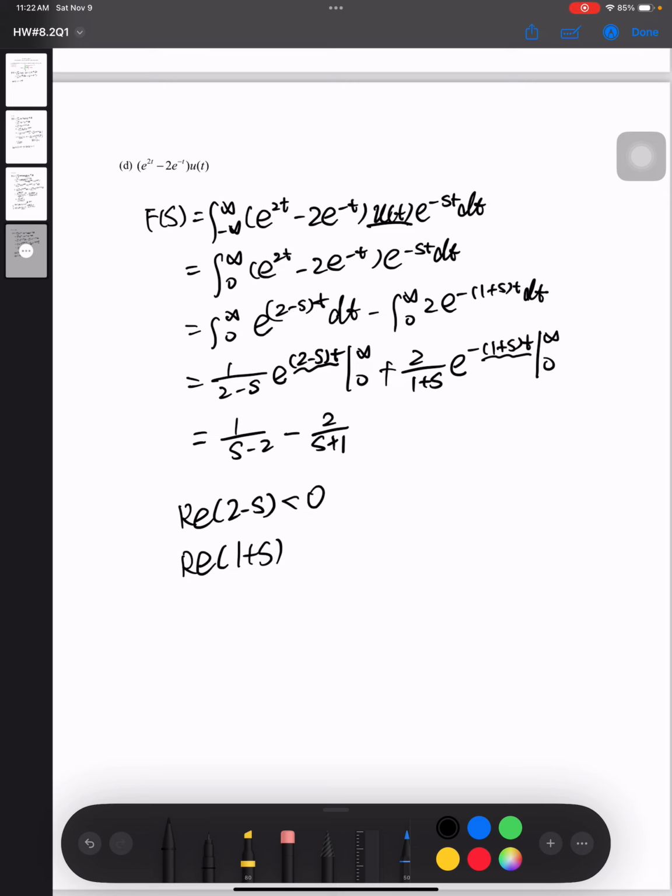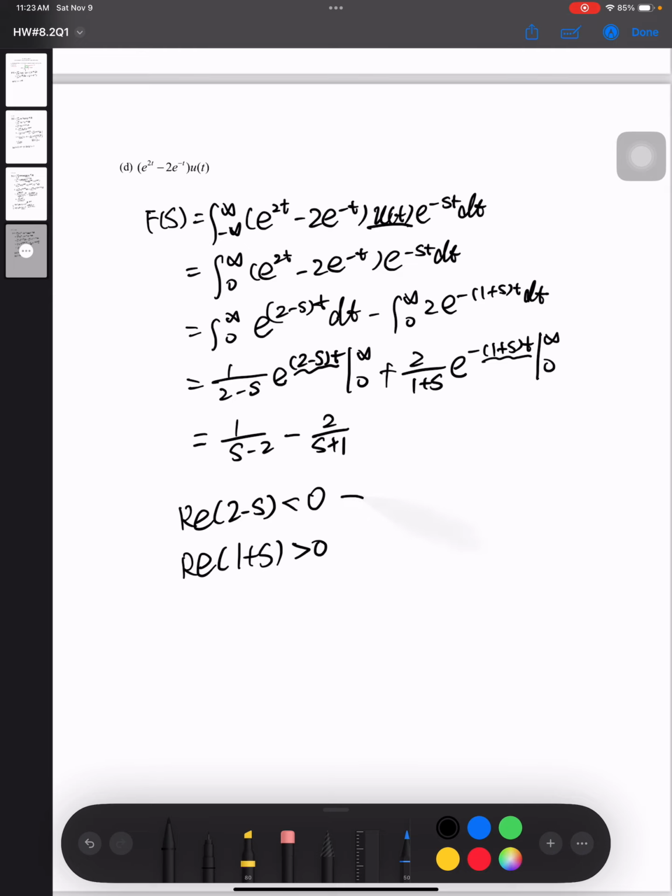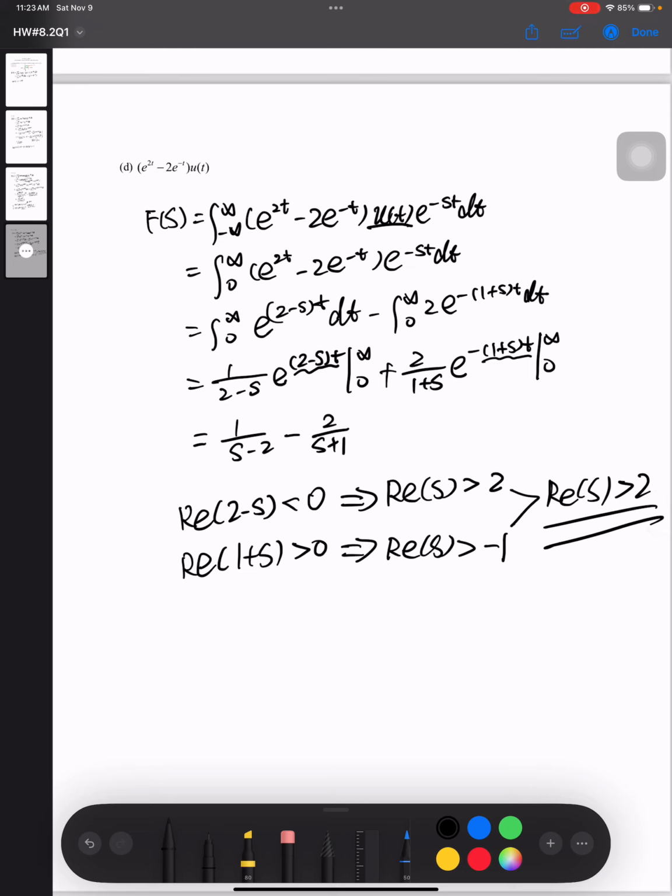For the first, the real part of s is larger than 2, and for the second, the real part of s is larger than minus 1. Combining these together, eventually the real part of s should be larger than 2. So this is the final question. Thank you.